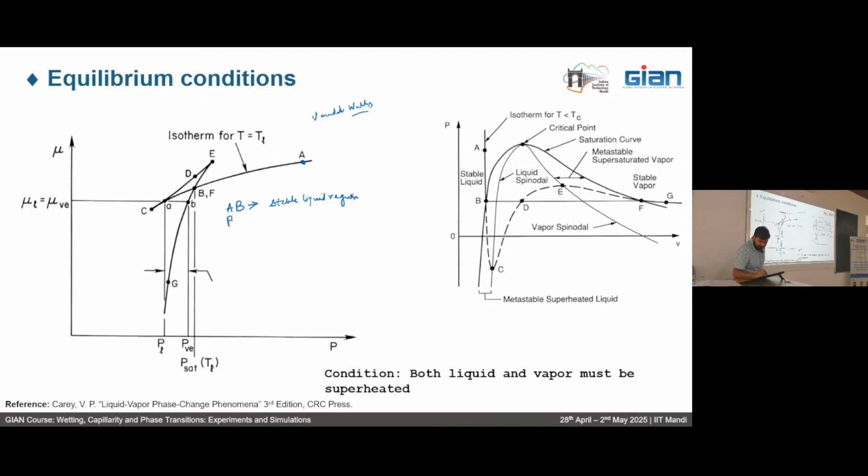Line BC, anyone, what is BC? You can also use this curve to find out. In BC, is the liquid stable or metastable? It's metastable, right? So BC is a superheated liquid.